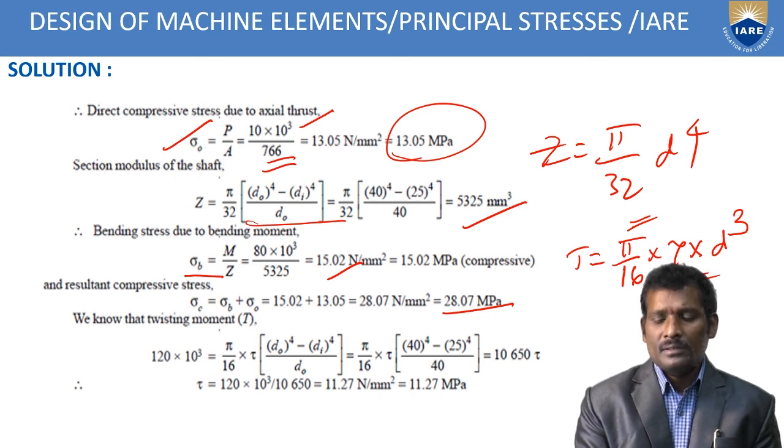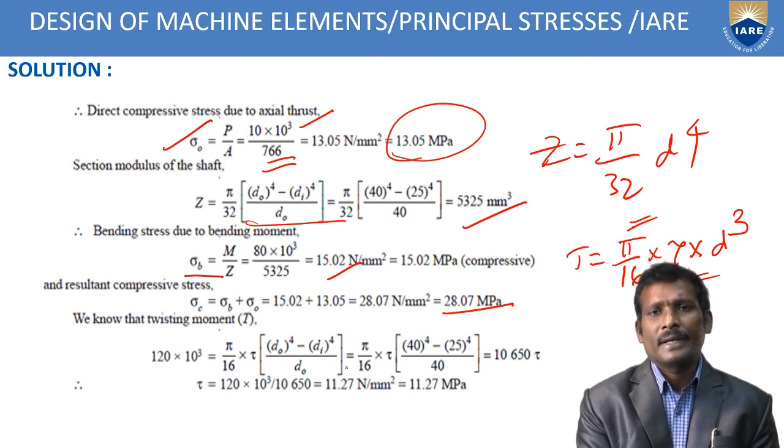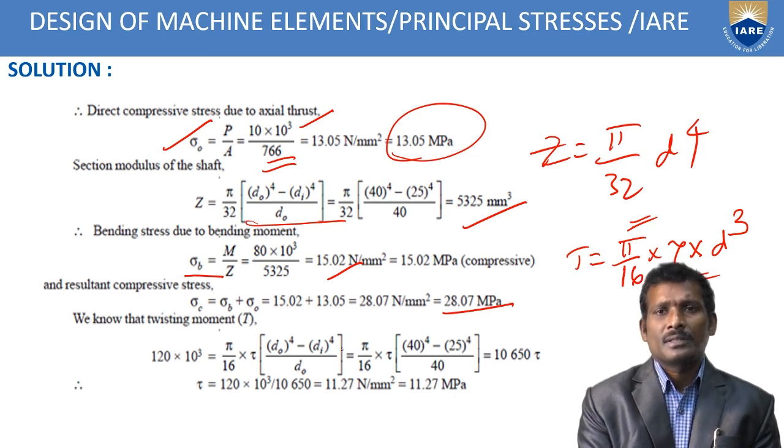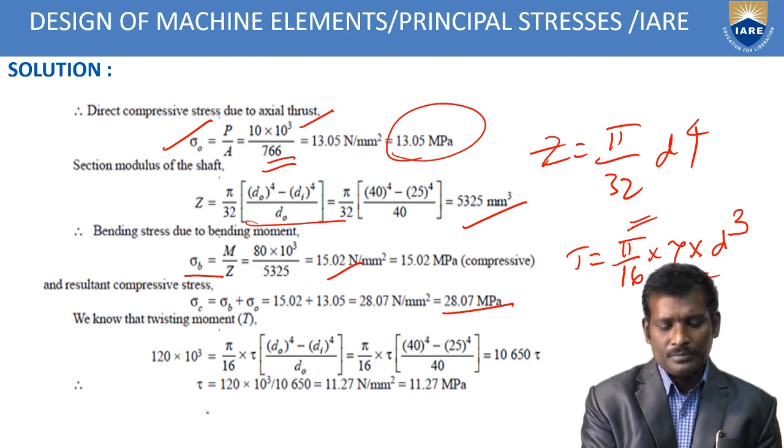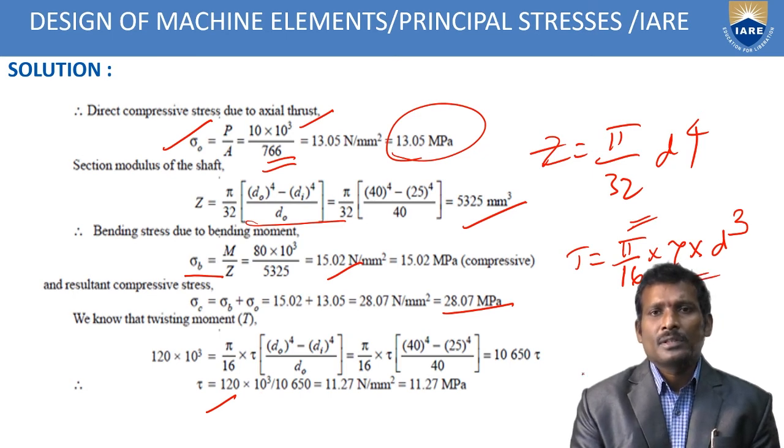But here the given shaft is a hollow shaft, that's why in place of d we have to use the outer diameter and inner diameter. In our problem d₀ and dᵢ are given. So substitute those values and you will get the τ value. So how to find the shear stress value?